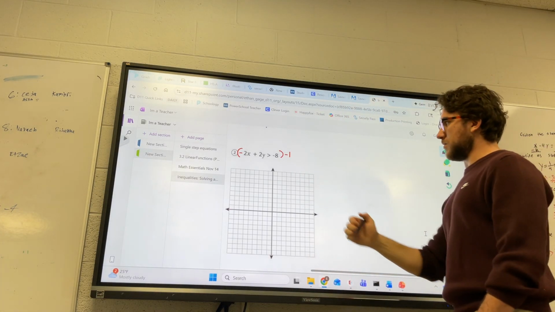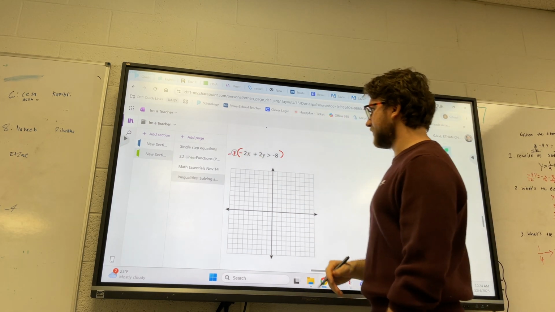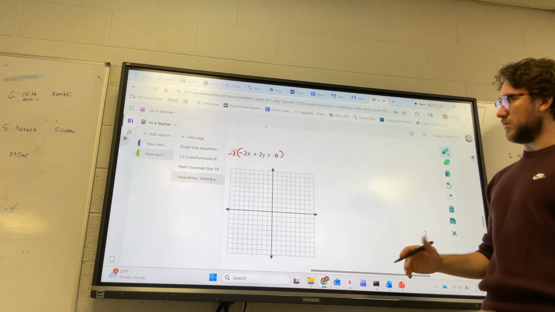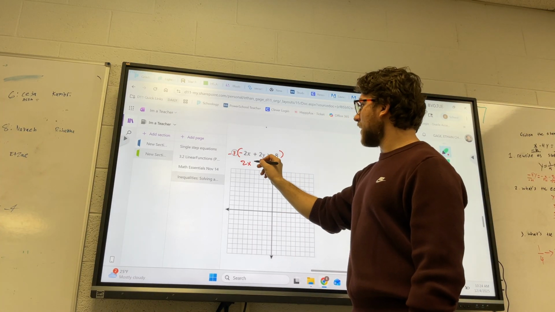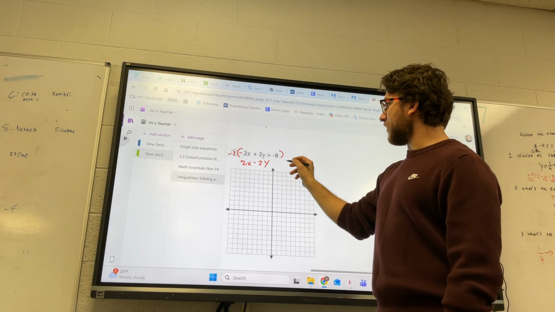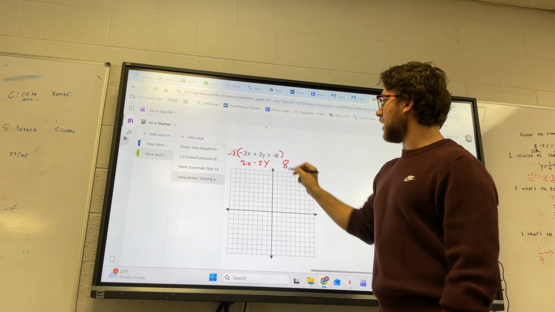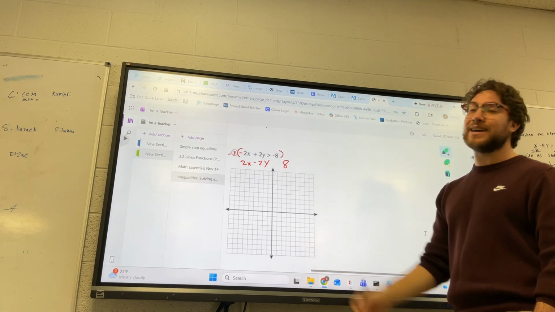Let's put our negative 1 right here. Negative 1 times it all will give us 2x minus 2y. And over here, this negative 8 is going to become positive 8. Now, what about the sign?